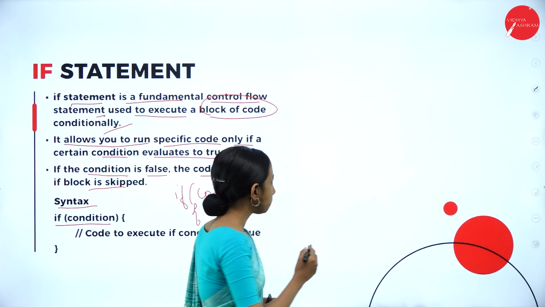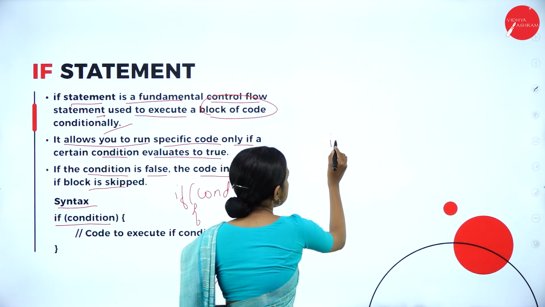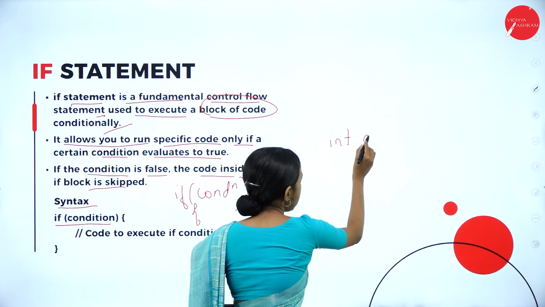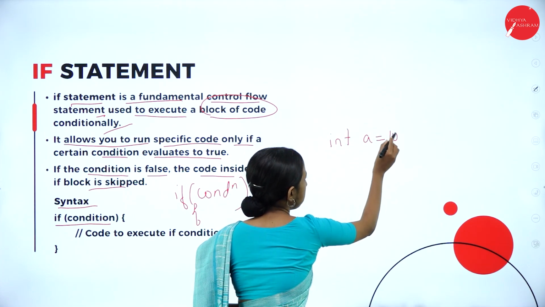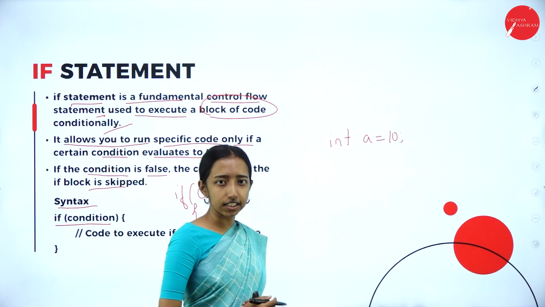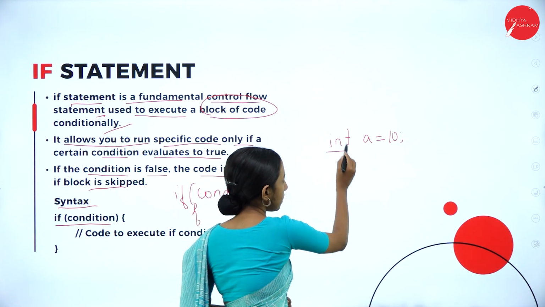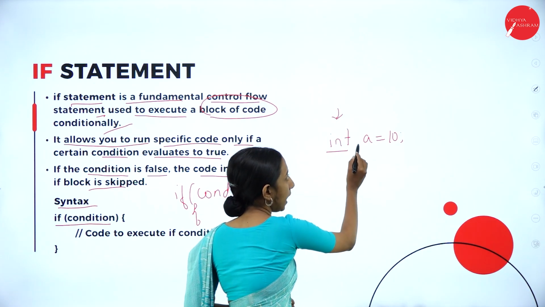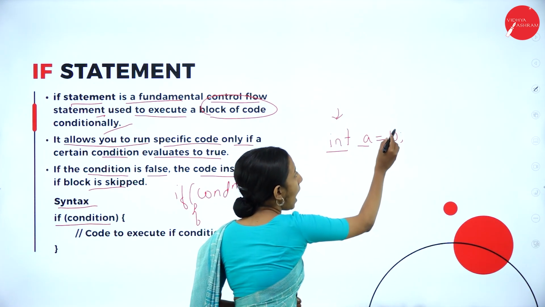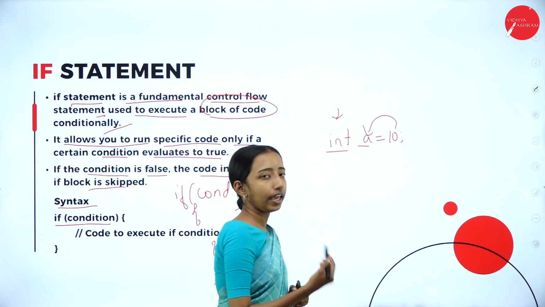For example, I have taken int a = 10. Here int is the data type, a is the variable, and I am assigning 10 to a.